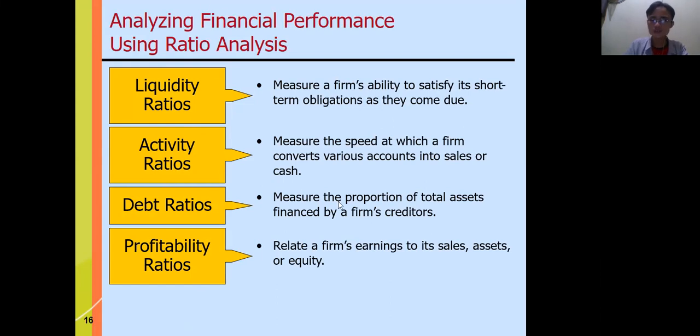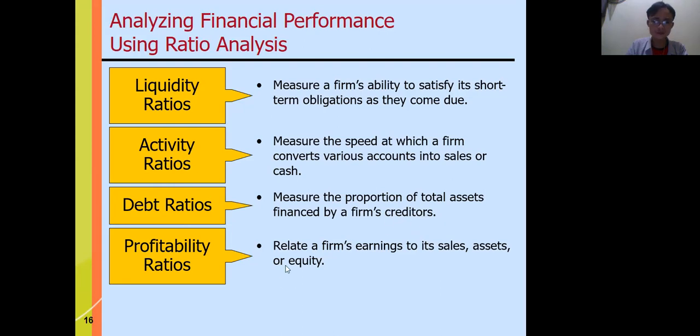Activity ratios would be focused on how fast, the speed at which a firm converts various accounts into sales or cash. For example, how fast can we collect our receivables? How fast can we sell our inventories? How fast can we pay our purchases and the like? Debt ratios would be with respect to our liabilities, the total assets financed by a firm's creditors.